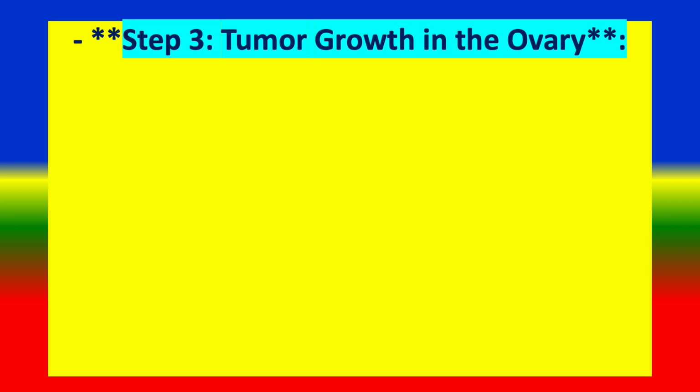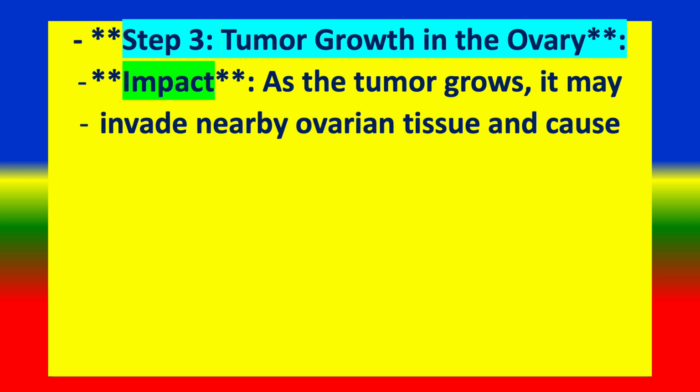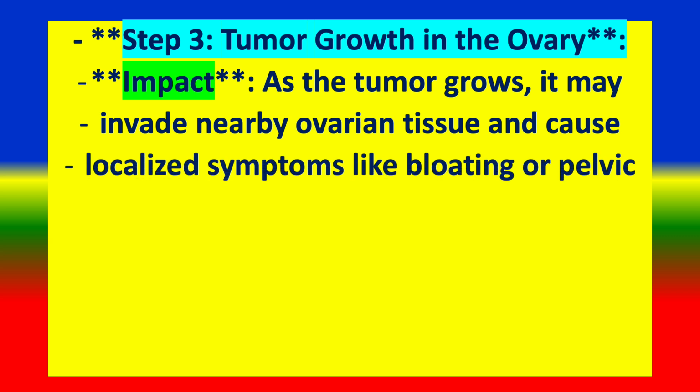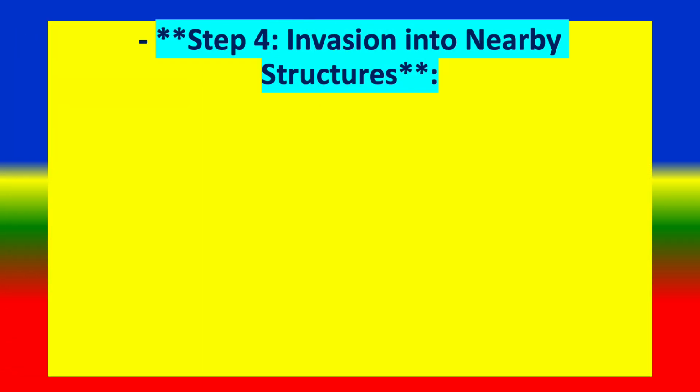Step 3. Tumor growth in the ovary. Impact. As the tumor grows, it may invade nearby ovarian tissue and cause localized symptoms like bloating or pelvic discomfort. Step 4.